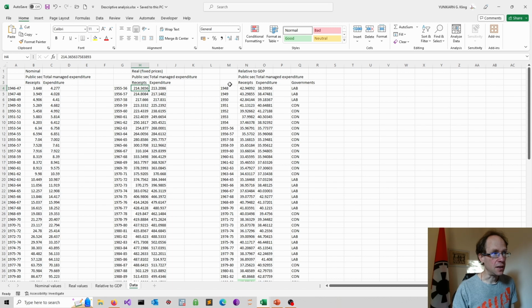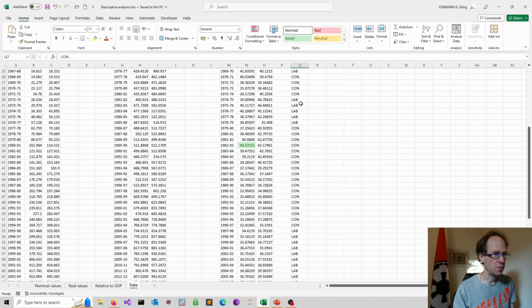And finally, I expressed all these figures relative to gross domestic product, GDP. I also put another column here, just for entertainment, where I stated who was in charge in the UK, so who formed the government, whether it was Labour or the Conservatives, which is maybe interesting to analyze this further.